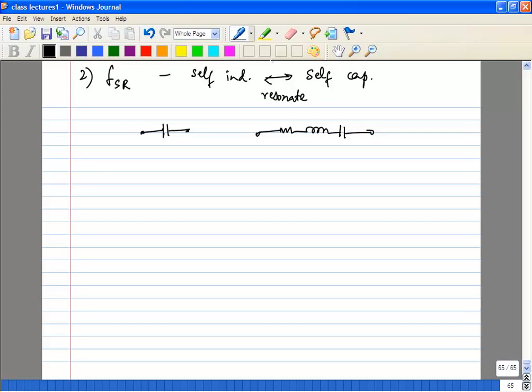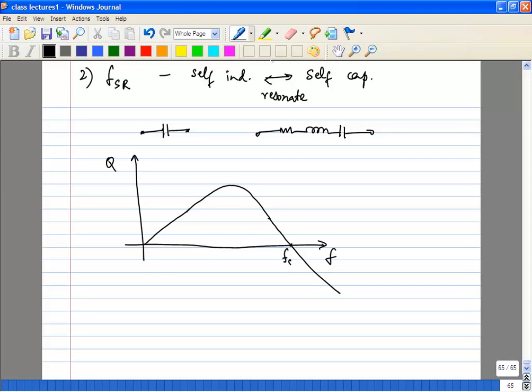And if you look at your Q versus frequency, we saw at very low frequencies the inductance dominates, so it will increase somewhat linearly. And then at some point of time the capacitor effect starts to dominate, and then if you just use the basic definition, imaginary over real, you'll see it cross the 0 point at the self-resonant frequency.